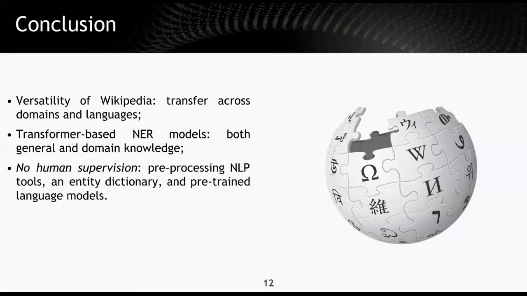We empirically show that BERT-based models trained with the method achieve satisfactory performance without human effort. However, a number of drawbacks need to be solved to gain performance, so future work is to be dedicated to quality improvement and exploring the transferability of the method across multiple domains and languages. The latter can be achieved thanks to the versatility of Wikipedia.